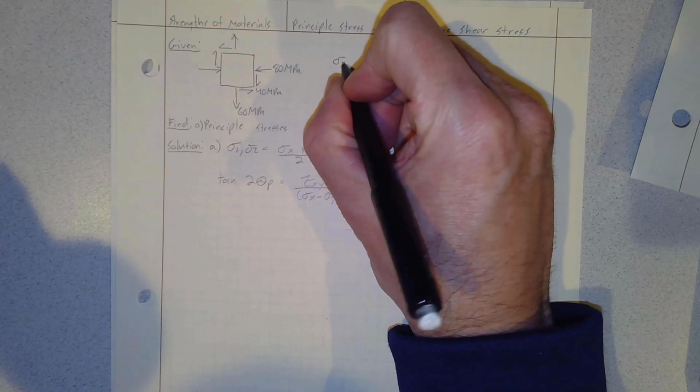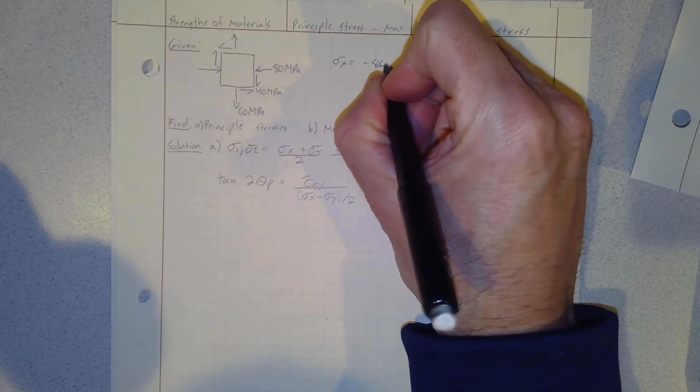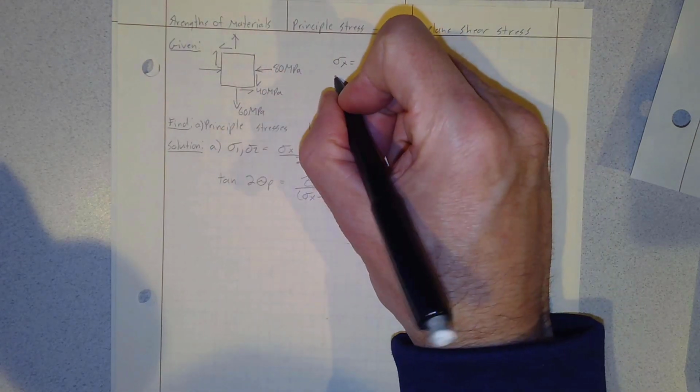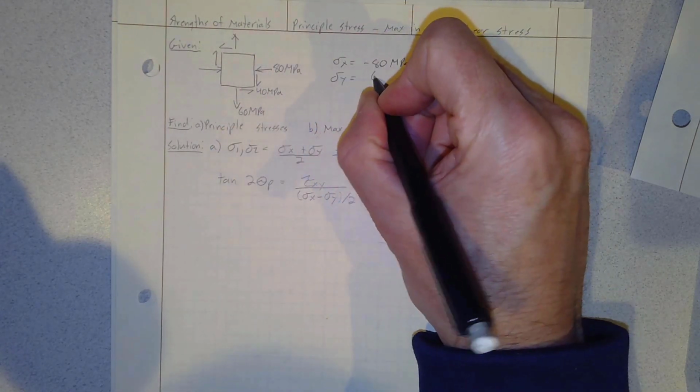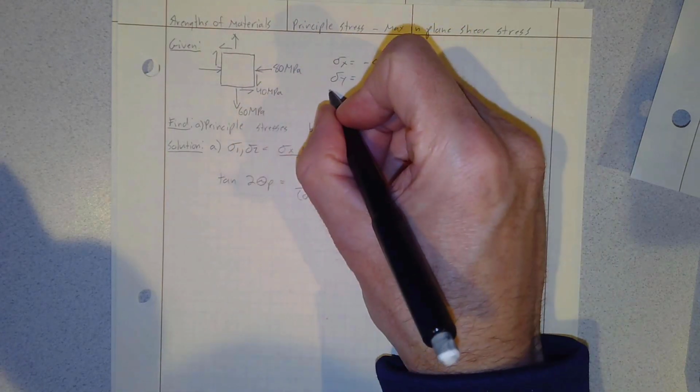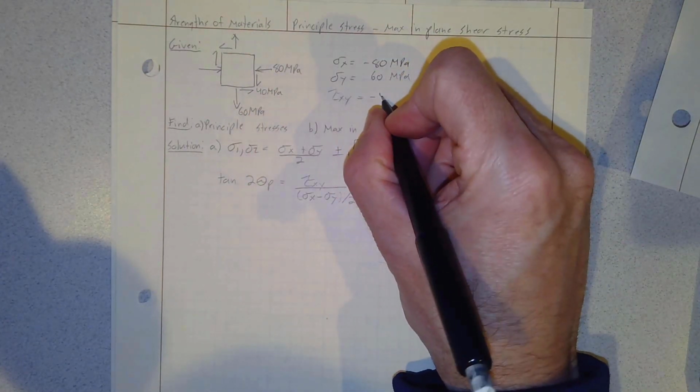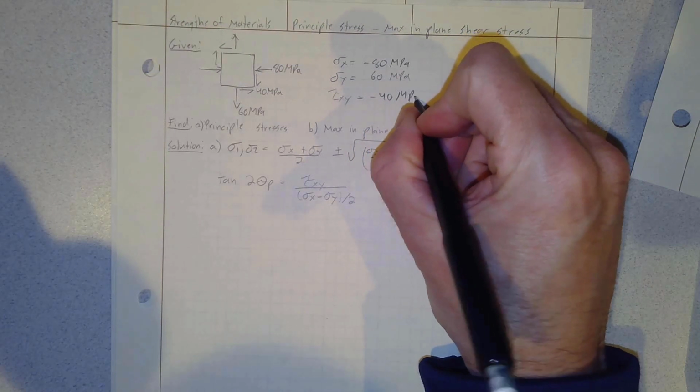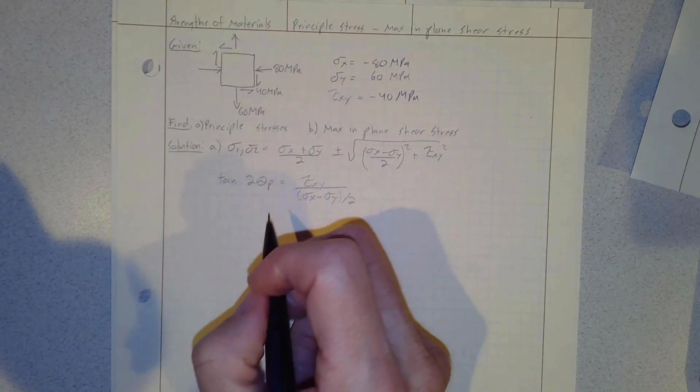So sigma x equals negative 80 megapascals. Sigma y equals 60 megapascals. And tau xy is in the negative direction, negative 40 megapascals.